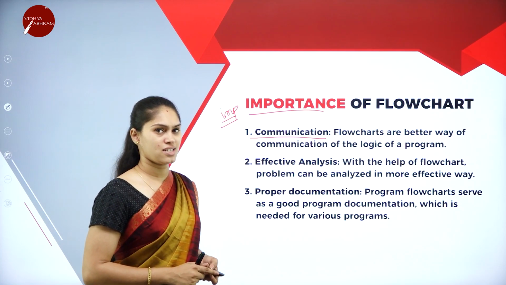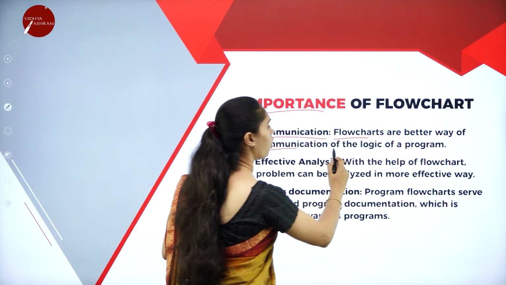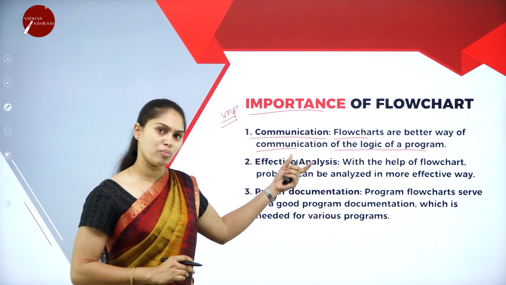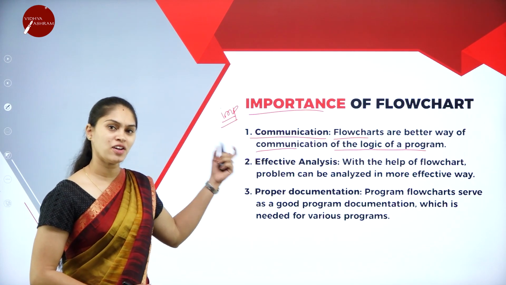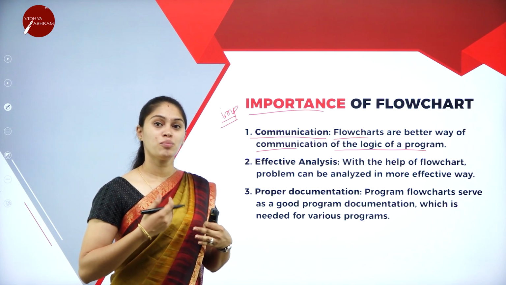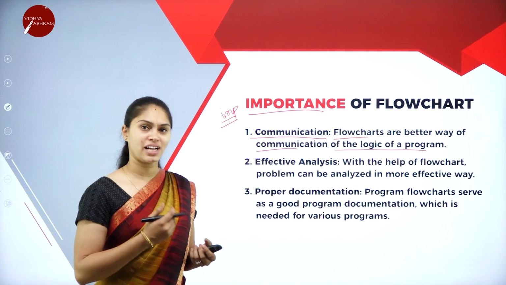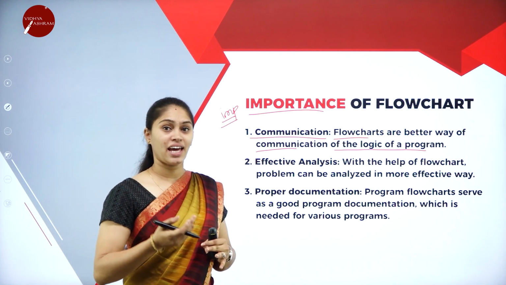Communication in the sense that flowcharts are a better way of communicating all the logic of a program. Why? Because it is in the form of a pictorial or graphical representation. So we use the flowchart to represent it in a more effective manner, so that for communication purposes it will be more convenient. Rather than text, the pictorial representation is very effective.